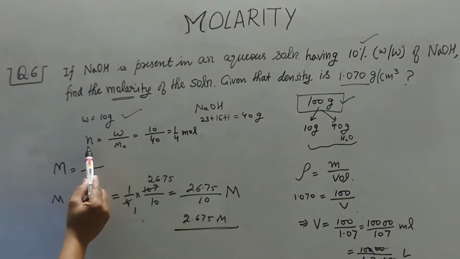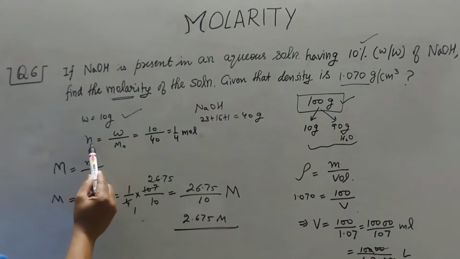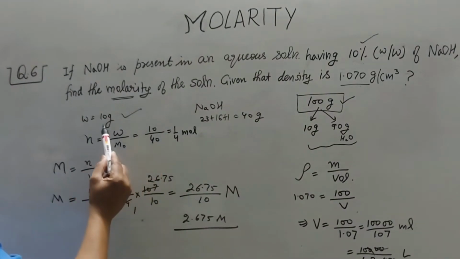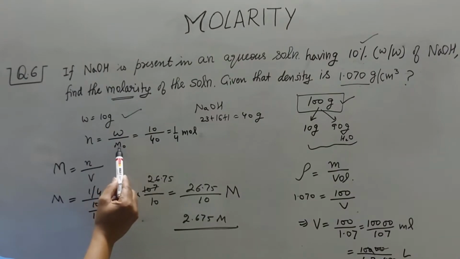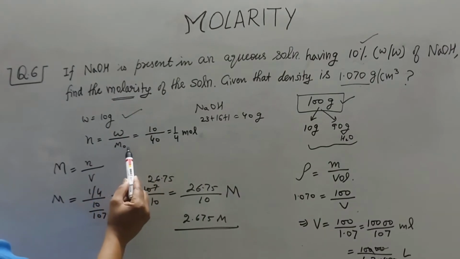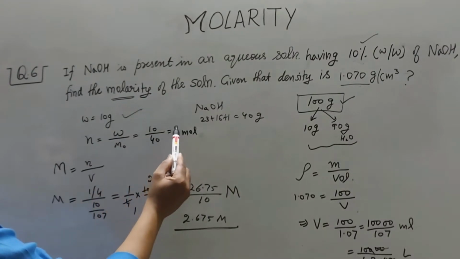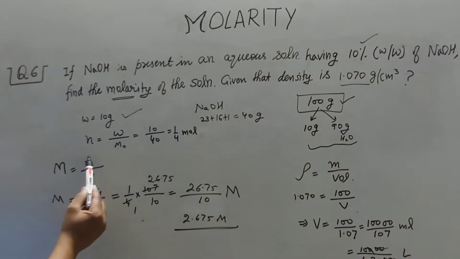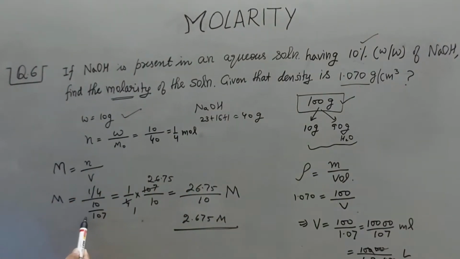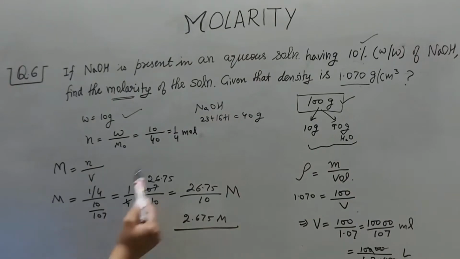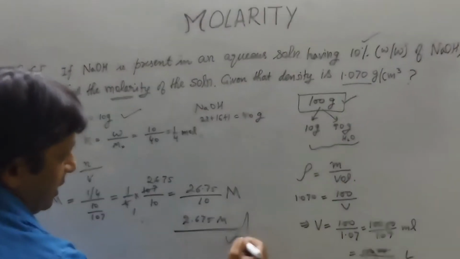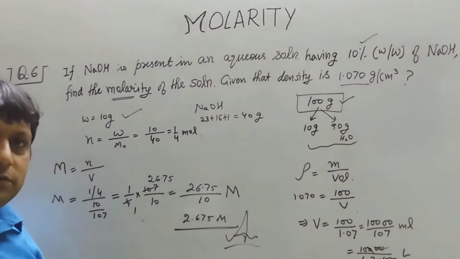From 10 gram we found the number of moles by dividing this mass by molecular mass or molar mass. Here it is 1 by 4 mole. Molarity is equal to number of moles by volume, and number of moles by volume after calculation gives the answer. I hope समझ में आया होगा.